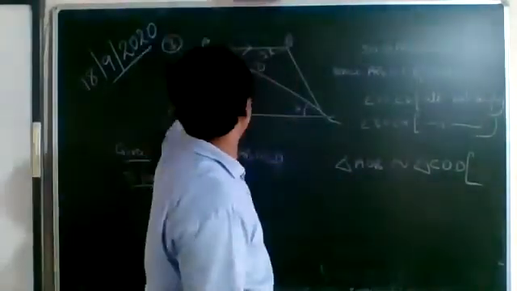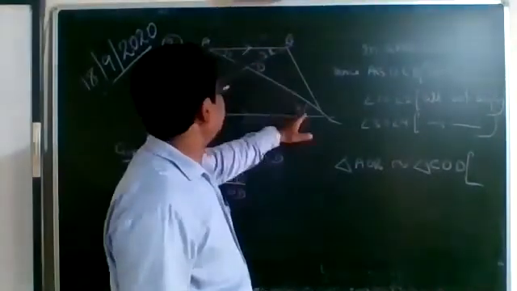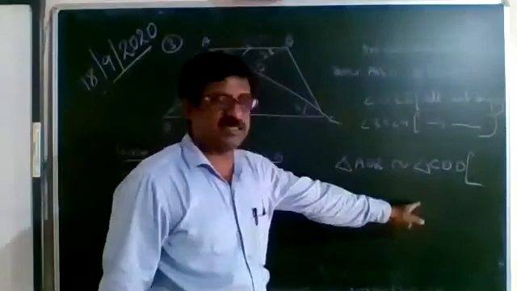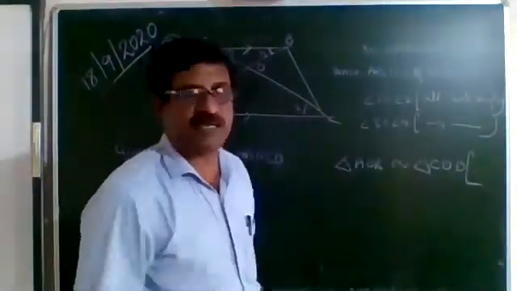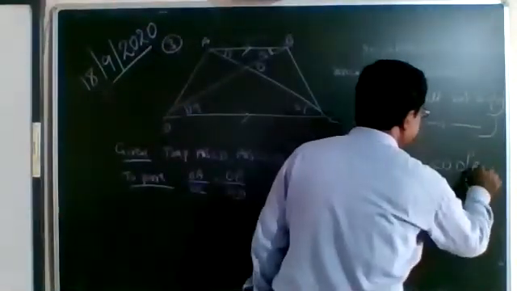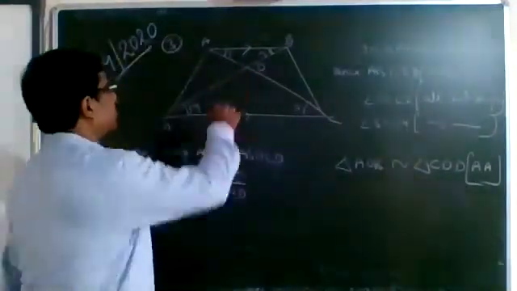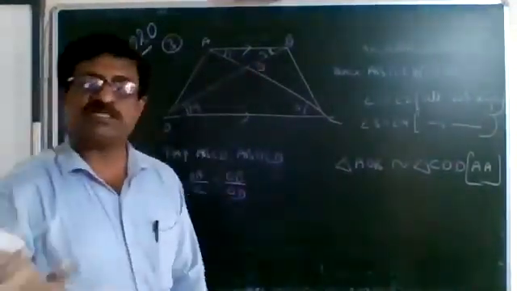Since angle 1 is equal to angle 2, 1 should be replaced by 2, or A should be replaced by C. In case of A, you should write C, and B should be replaced by D. And the property which is used is AA. If you want, you can show the third angle also, but it is not necessary. Two is sufficient.